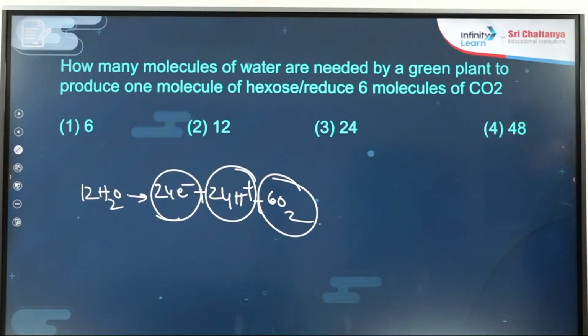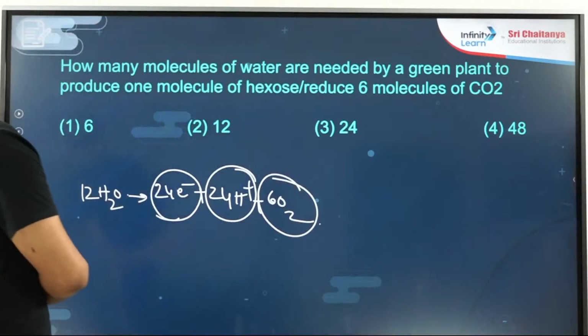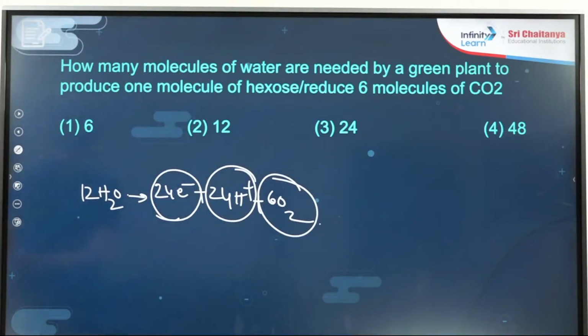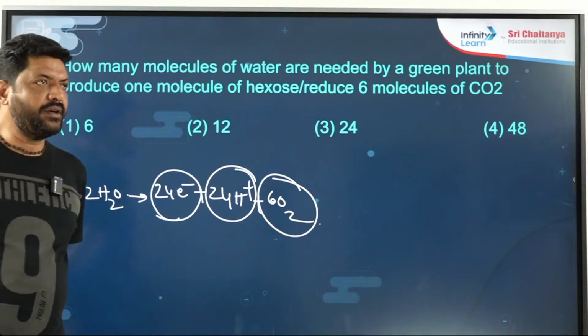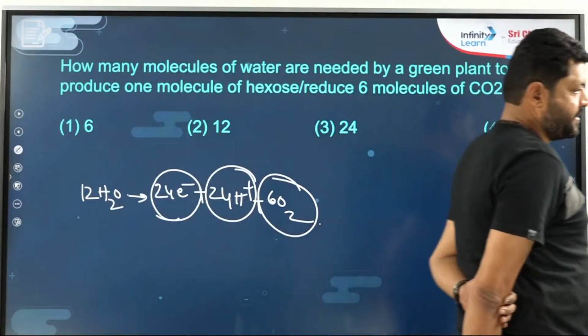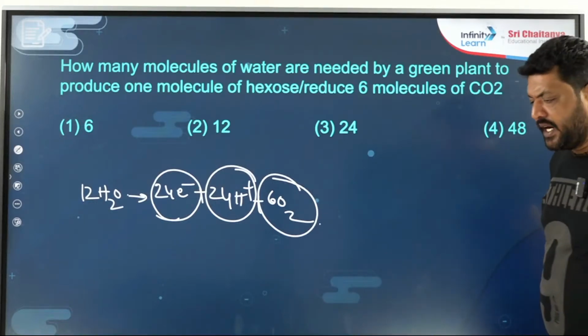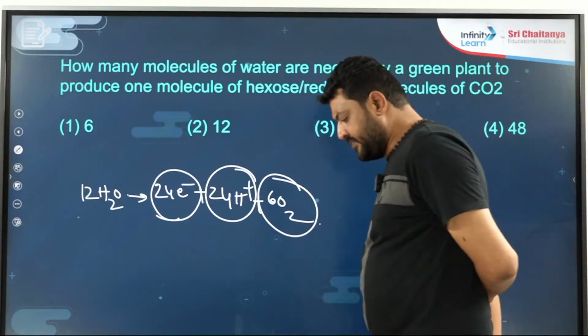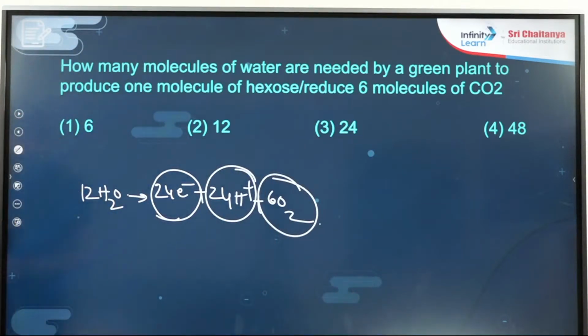The first question is how many water molecules will undergo photolysis during light reaction? The answer is 12 water molecules. Second question is how many electrons are passing through the electron transport system in non-cyclic electron transport? That is, 24 electrons are being transported.